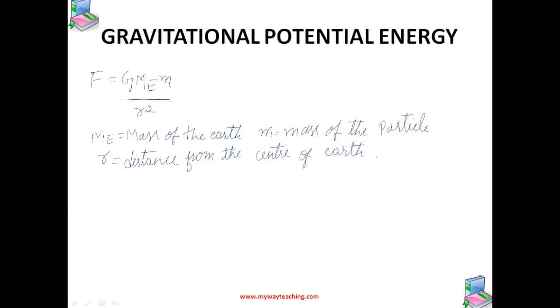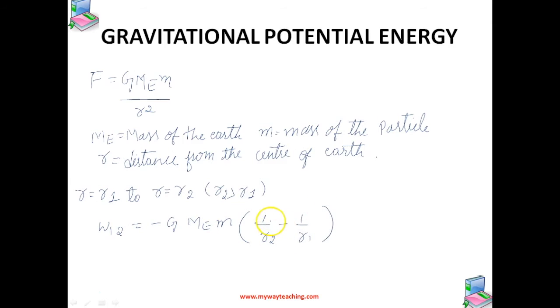If we calculate the work done in lifting a particle from r = r1 to r = r2, where r2 is greater than r1, along a vertical path, then we can write W12 = -G m_e m (1/r2 - 1/r1).